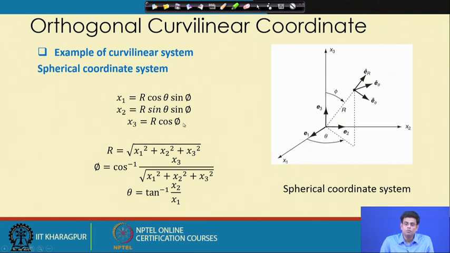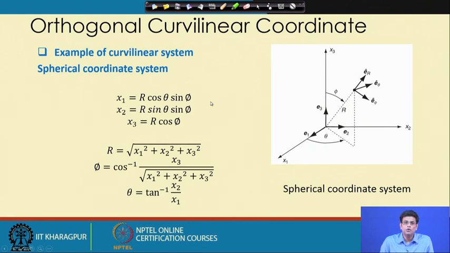Now, our main objective for this lecture is to define the quantities which we have learned as tensor quantities or vector quantities in the Cartesian coordinate system, and see what they will take in the curvilinear coordinate system, specifically the cylindrical or spherical coordinate system.